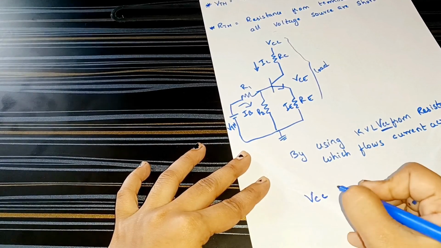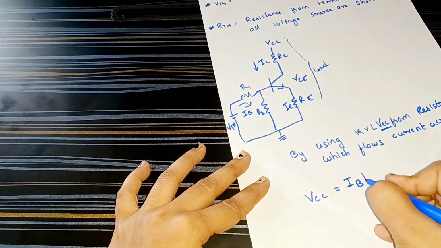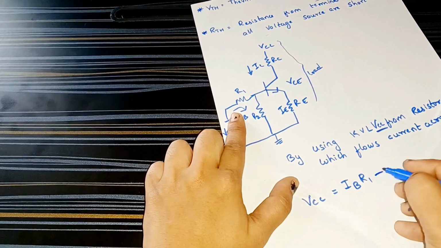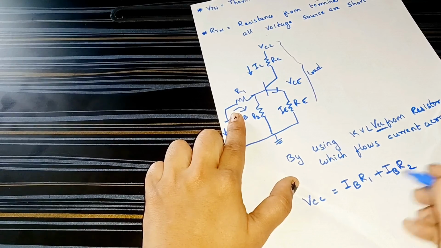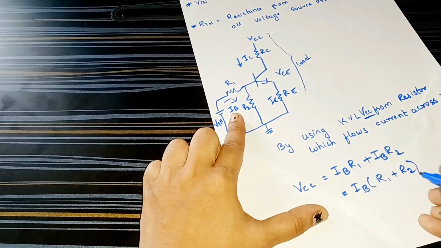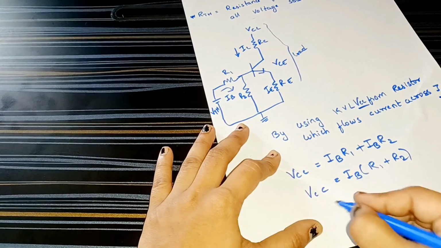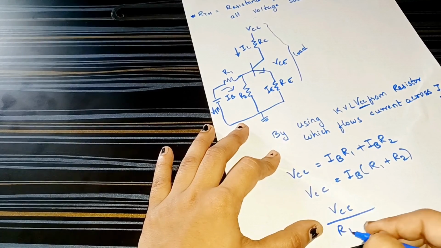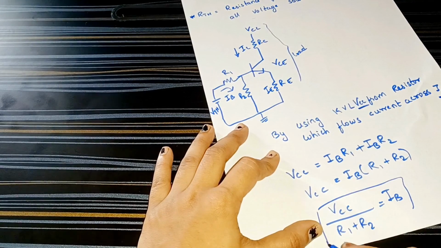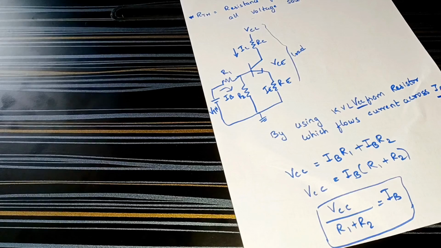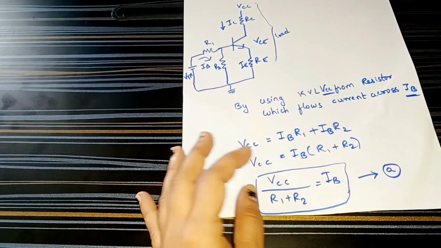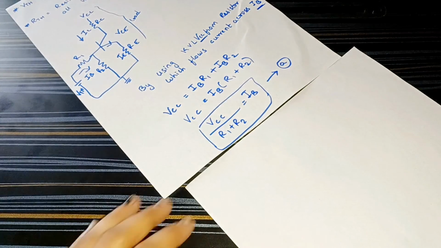We get VCC equals IB into R1 plus IB into R2. Taking IB common, VCC equals IB into R1 plus R2, so IB equals VCC divided by R1 plus R2. We call this equation A.